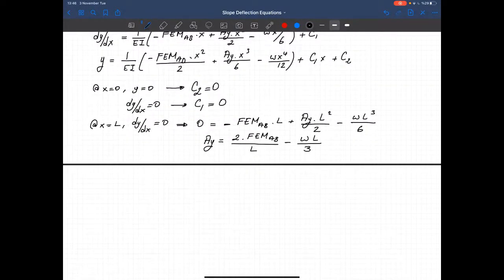Now at X is equal to L, this time y is equal to 0.